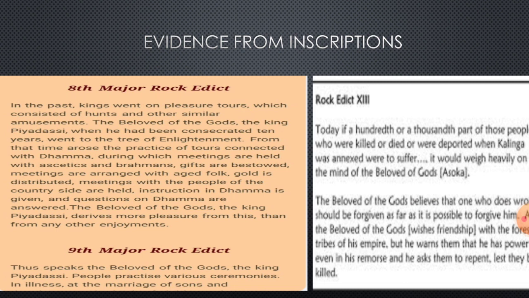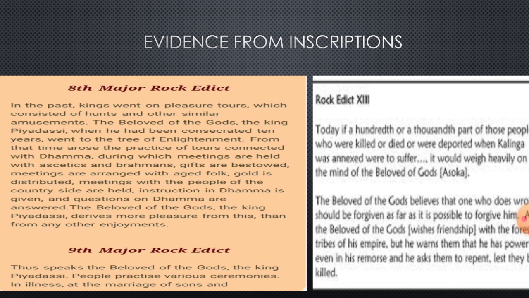Instead, a title like Piyadasi, which means beloved, or pleasant to behold, and Devapiyam, which actually means beloved of God, has been mentioned. In other inscriptions, both the name Asok and the titles were also mentioned.